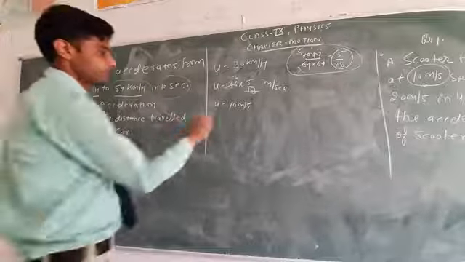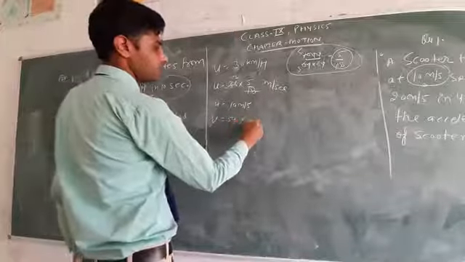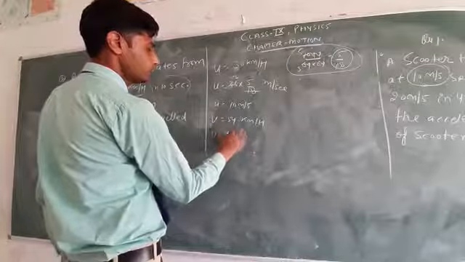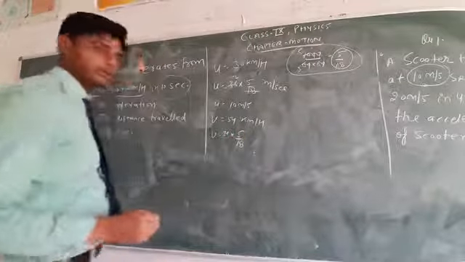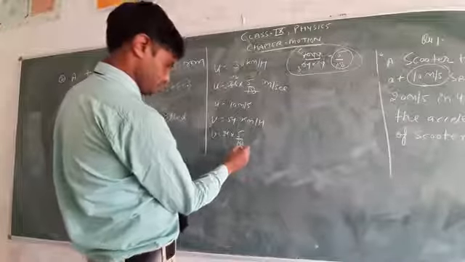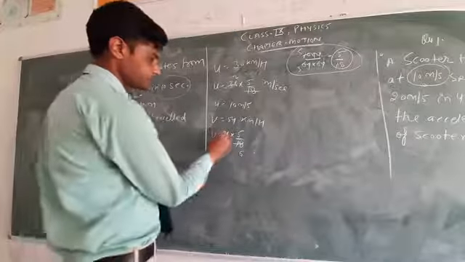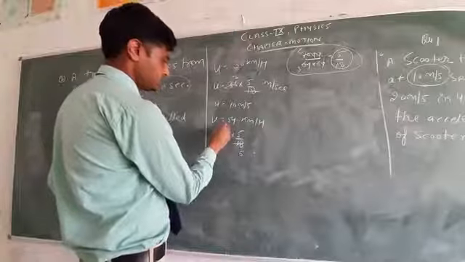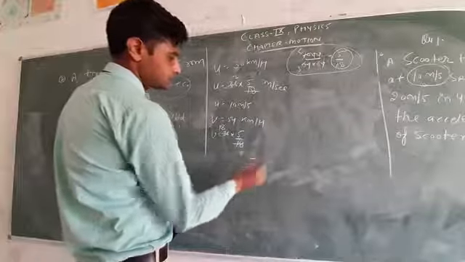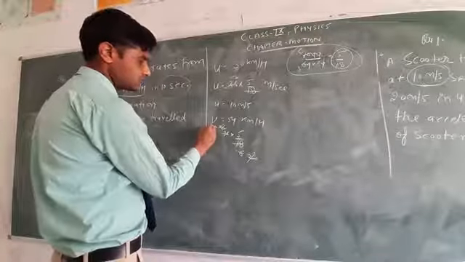Now the final velocity v is equal to 54 kilometer per hour. So 54 into 5 upon 18. So when we divide by 3, 6 and 18, 3, 2, 6 and 3.